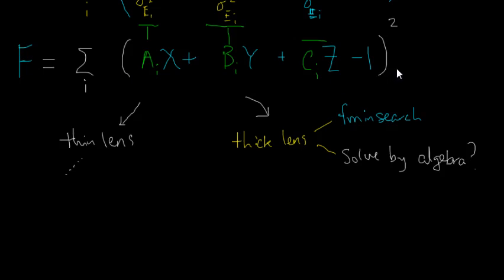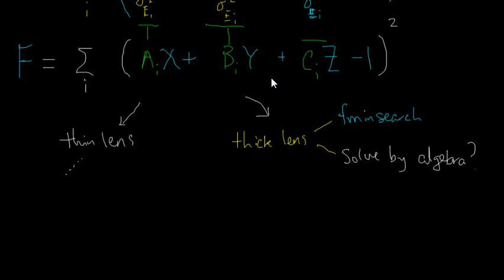If you look at this formula, you see that it is actually a quadratic expression, in the sense that when you expand this, because there's a square there, you get terms involving x squared, y squared, and z squared, and also things like xy, and so on. But essentially, it's a quadratic expression.